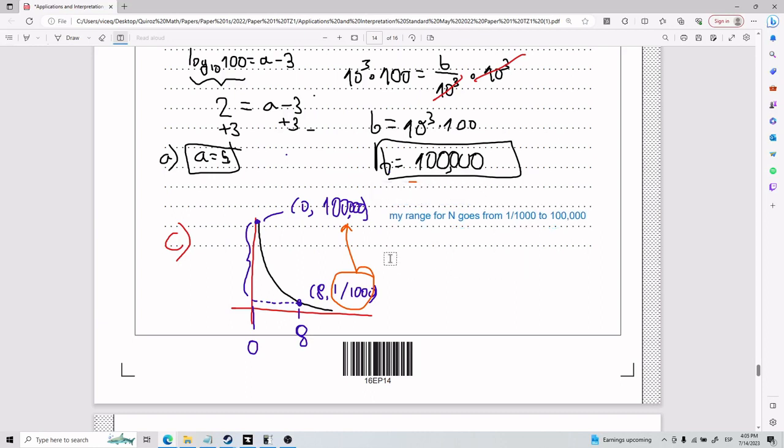The more fancy way that I'm sure some of you are asking for: 1 divided by 1,000 is going to give you 0.001. So my n goes from here. Wait, I'm having trouble putting the symbol I'm trying to put. Oh no.